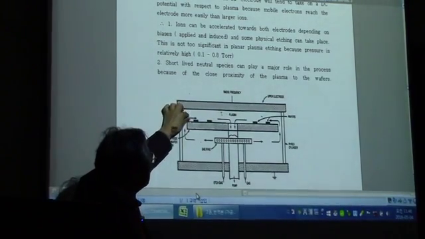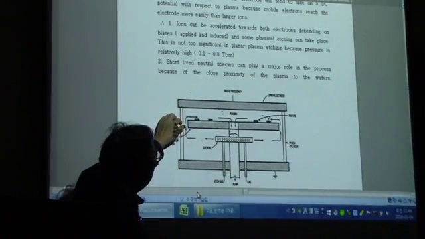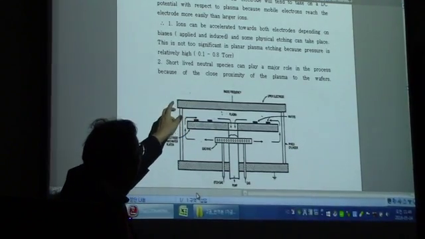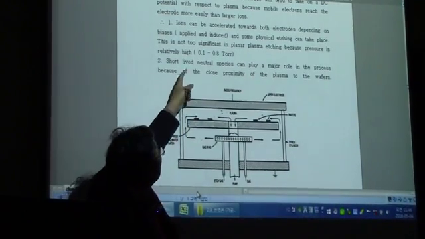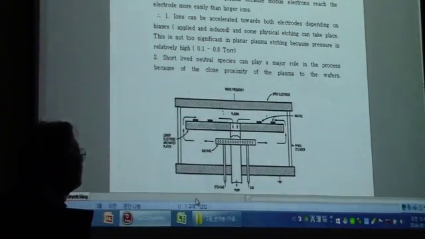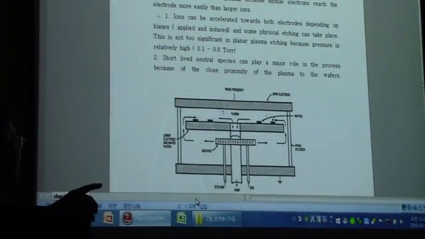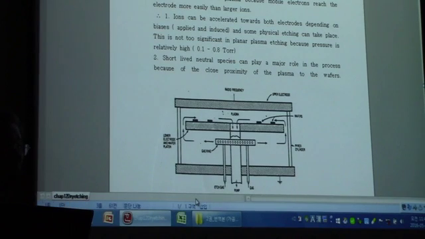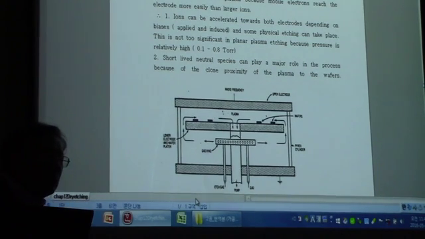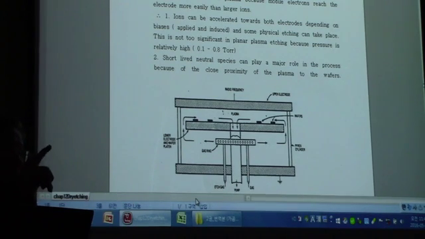And the important thing is relatively high pressure, which is 0.1 torr. In the barrel type reactor, the pressure was about 1 torr.